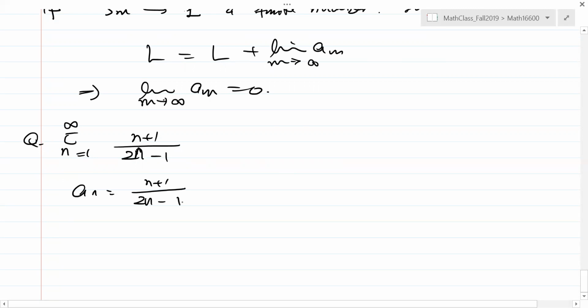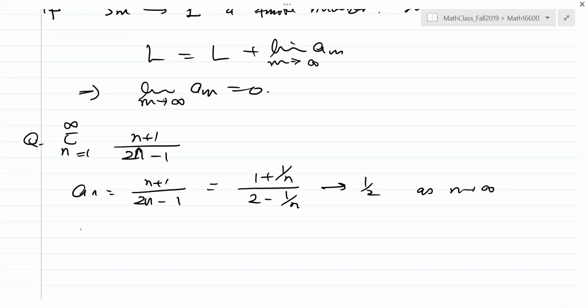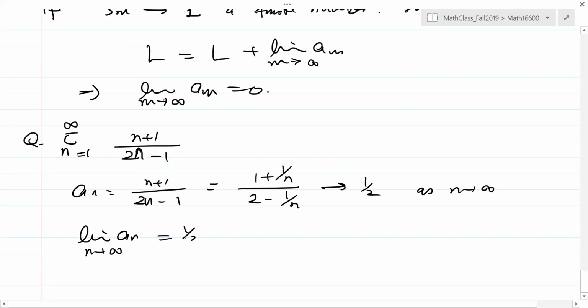When n is sufficiently large, this is going to be 1 divided by, dividing numerator and denominator by n, this approaches 1 over 2 as n approaches infinity. So that means the limit as n approaches infinity is going to be 1/2. It's not going to be 0.